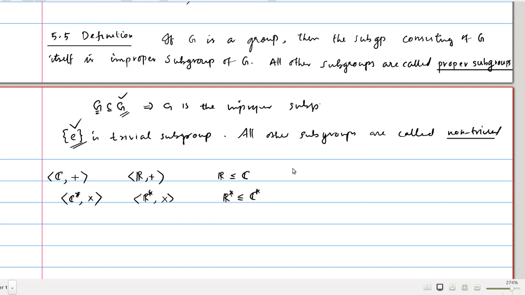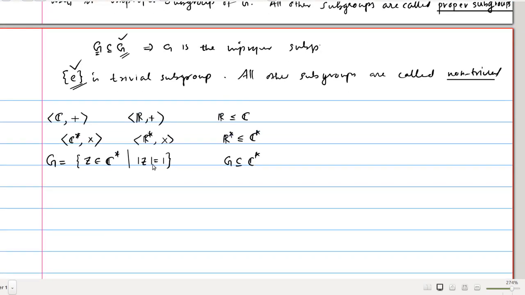So these are subgroups. And if you consider C star again, take the set of all complex numbers Z belonging to C star such that modulus of Z is equal to 1. If you consider this as G, then clearly G is a subset of C star, because G collects elements from C star itself, and we know that it's a subgroup with respect to the induced operation, complex number multiplication.